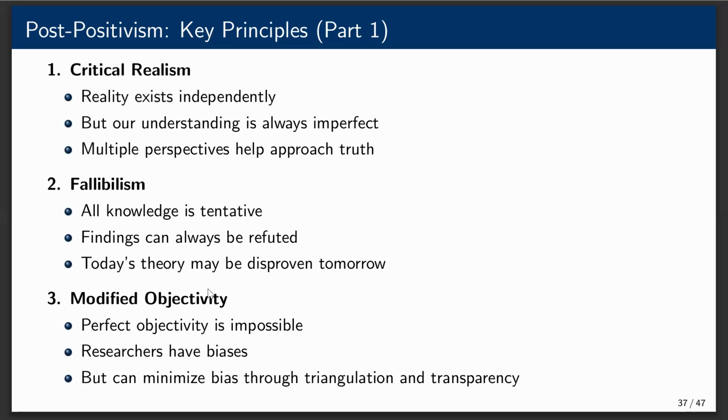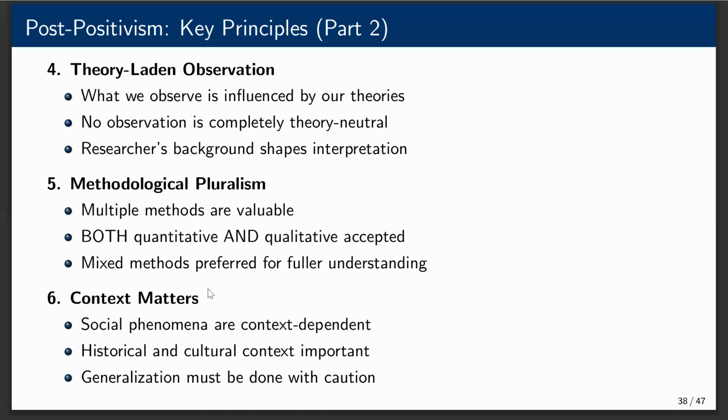Modified objectivity: perfect objectivity is impossible. Researchers have biases but can minimize bias through triangulation and transparency. Then theory-laden observations: what we observe is influenced by our theories. No observation is completely theory-neutral. The researcher's background shapes interpretation.